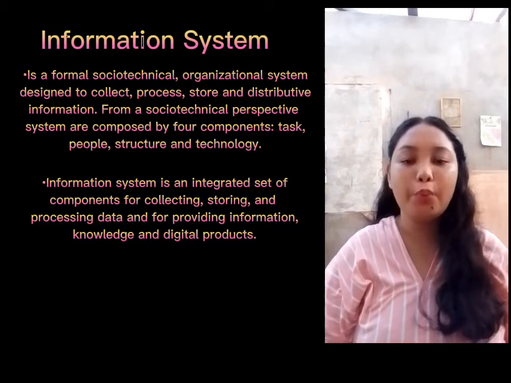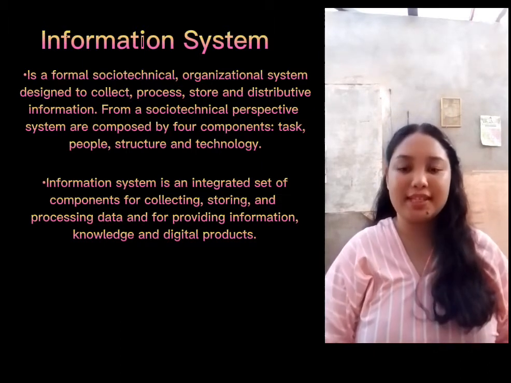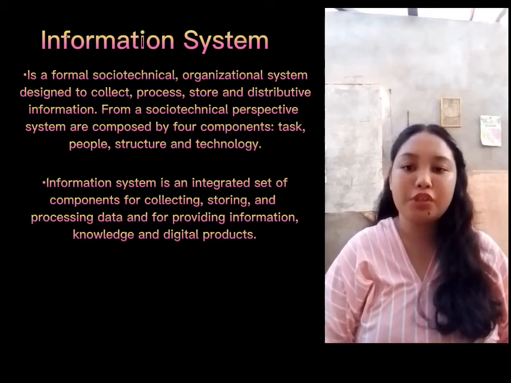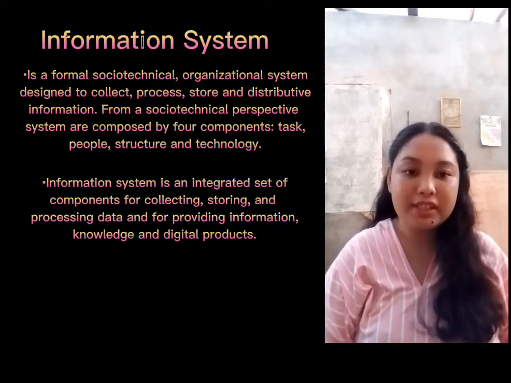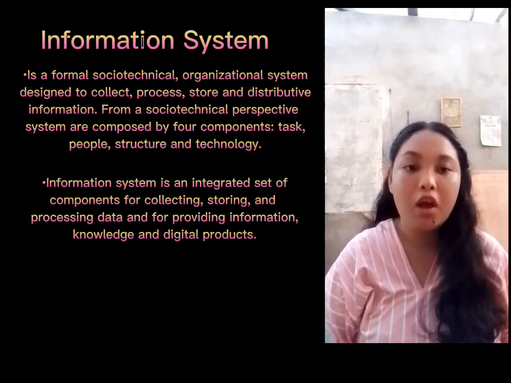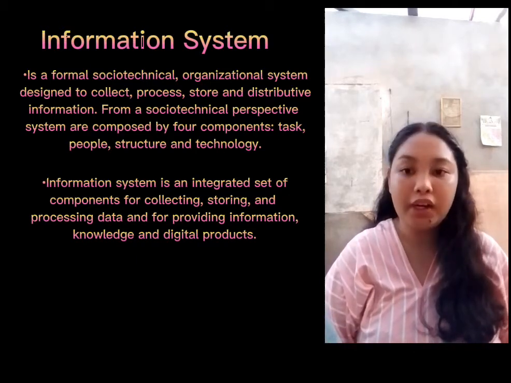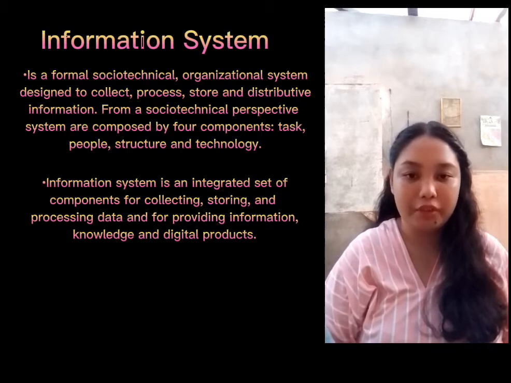So, what is an information system? An information system is a formal socio-technical organizational system designed to collect, process, store, and distribute information.